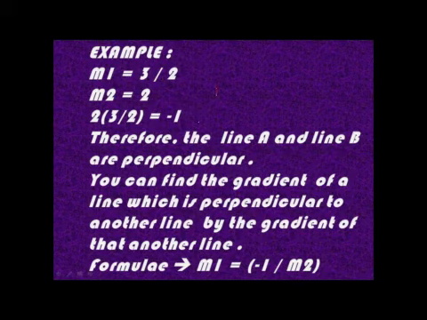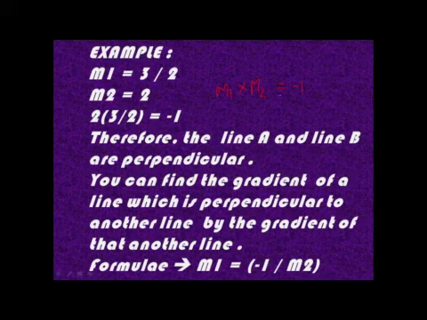Let me explain this. If M1 times M2 equals minus 1, that means those two lines are perpendicular. If you don't know that, you have to multiply the gradient of line A and line B to get the product of them.